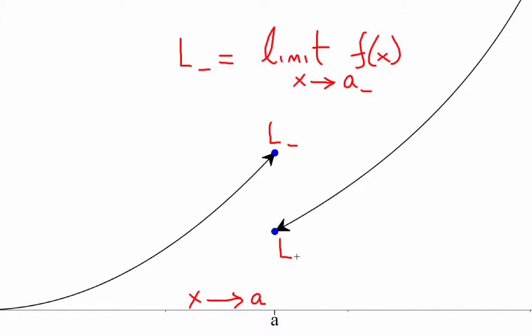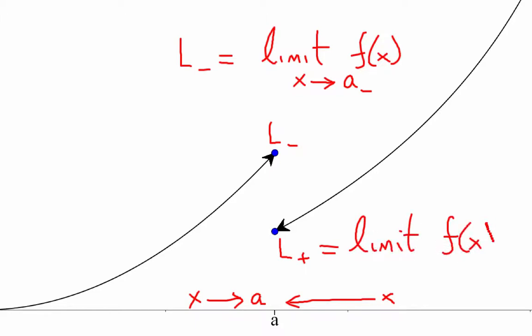What that means is that we're coming in from the right like this, and L plus is the limit of the function f of x as x comes in from slightly larger values than A.